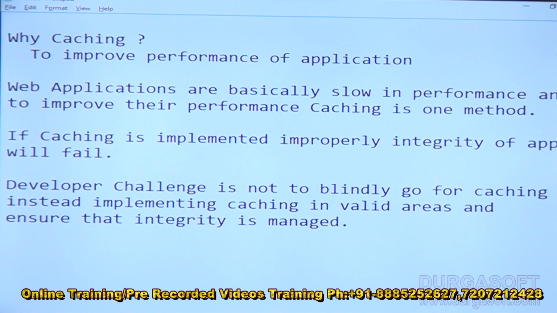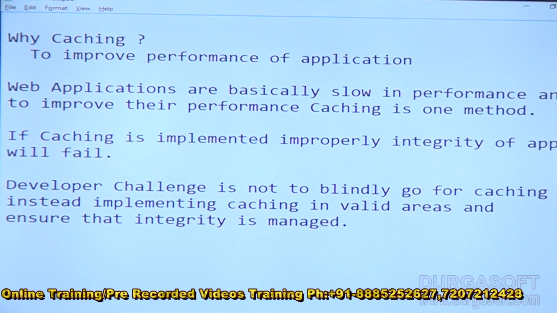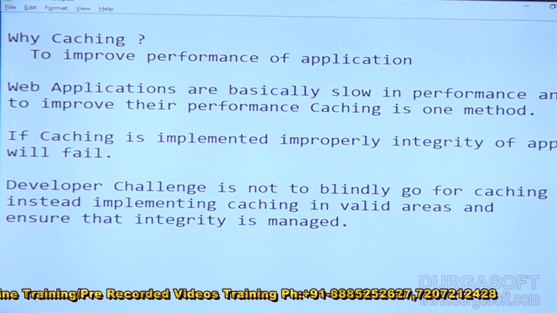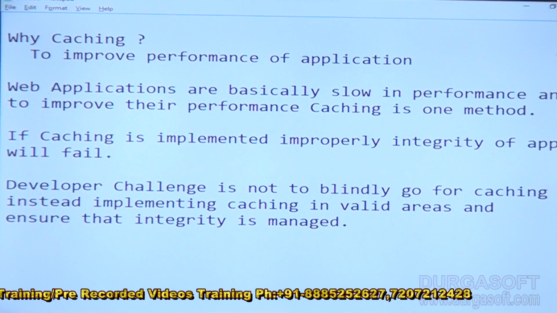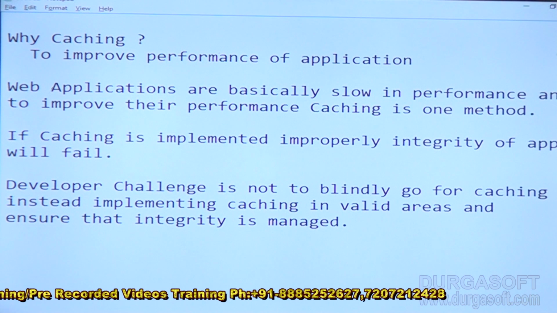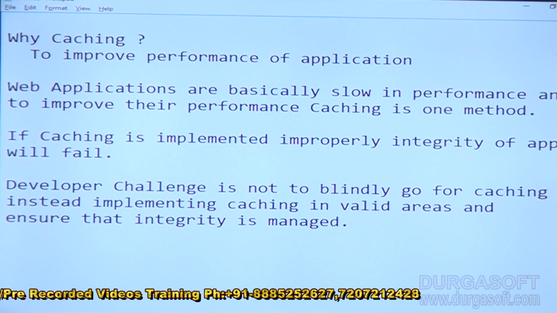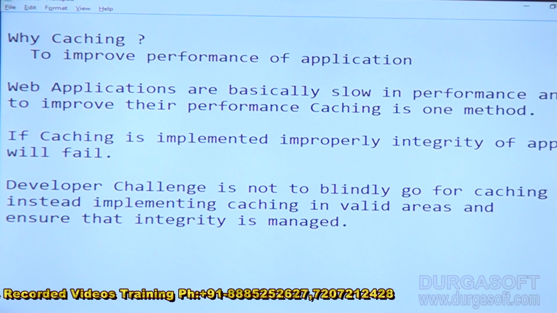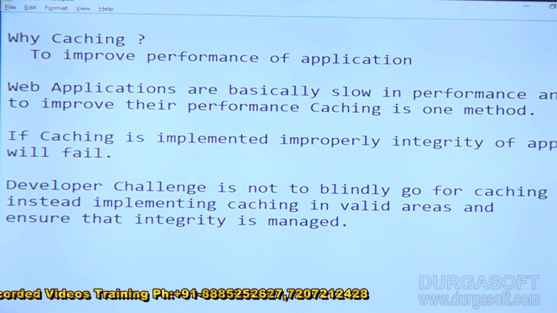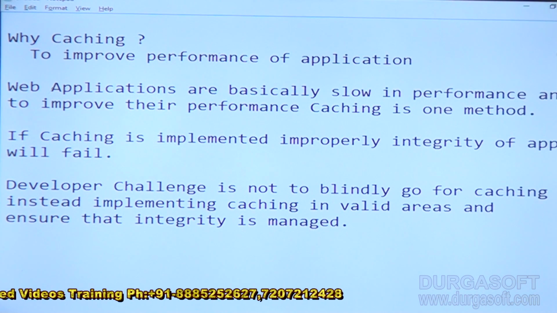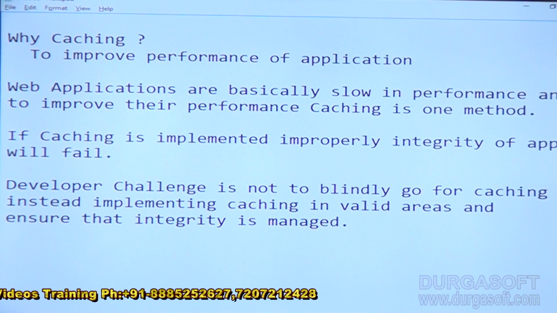And that's the goal of caching anywhere. Today, if cloud Azure is giving you some data from cache, it should ensure that it is accurate. It cannot give me false data or wrong data at any cost. All right, so that is the developer challenge.